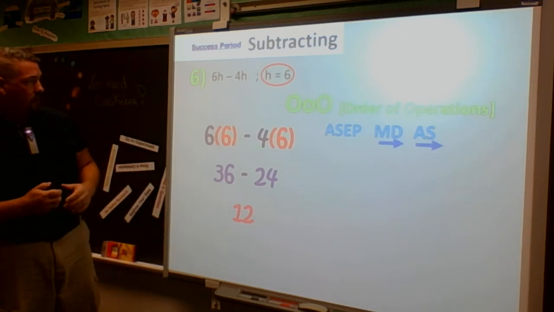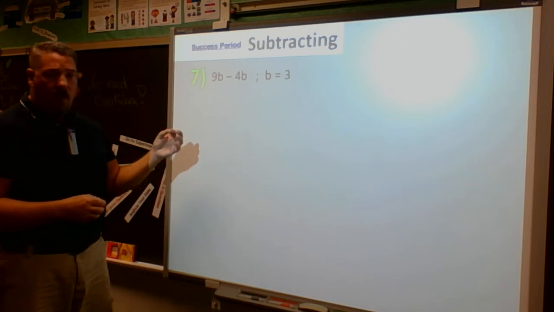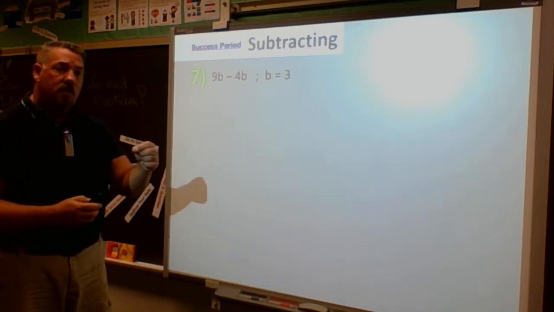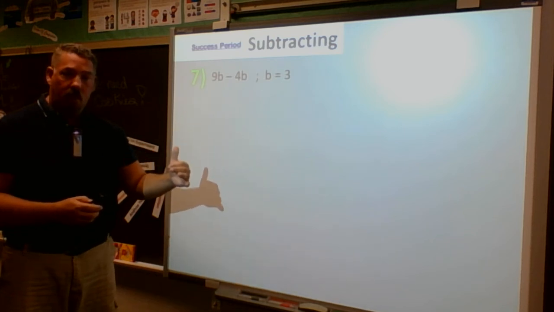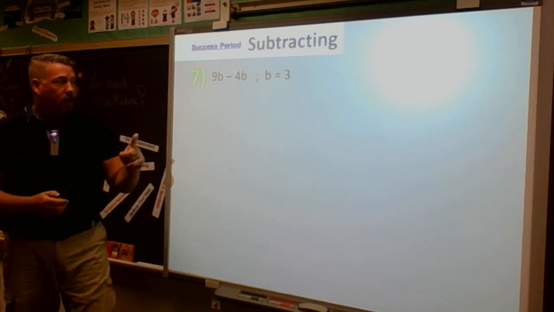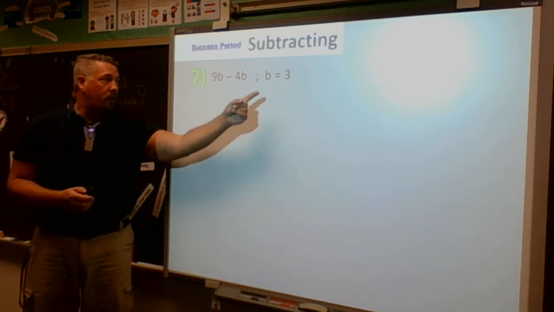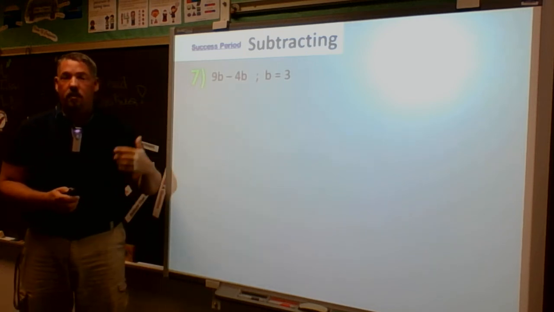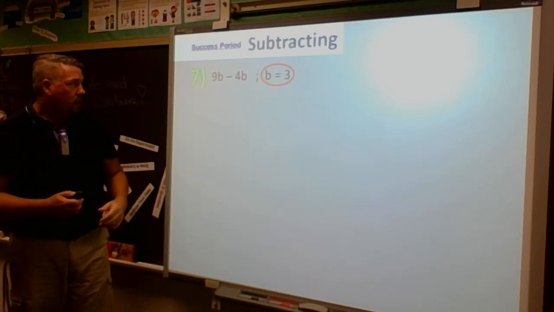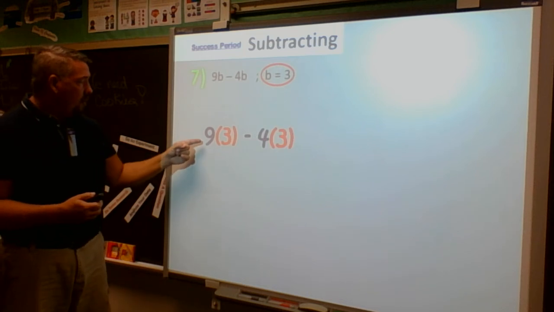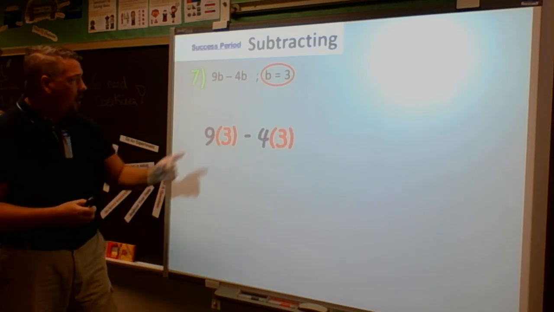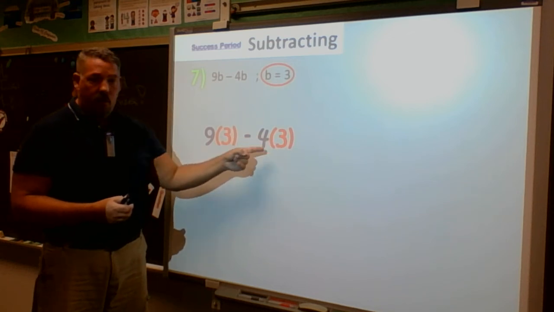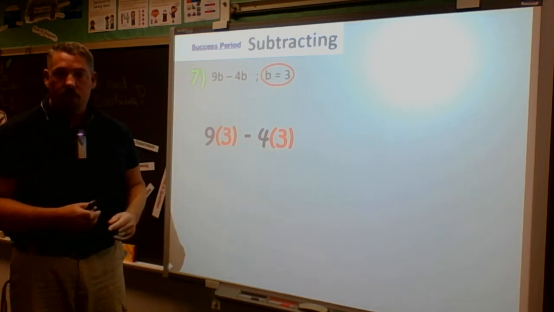All right, so number 7 gives us 9b minus 4b, where b is equal to a 3. Have to substitute them in. So my first step of showing work is writing the problem where there's a 3 in place of my b's. That's what we're substituting. So where my 3 is, I'm going to have a 9 times my 3. That's what the parenthesis says. And I know I'm going to have a 4 times a 3 because that's what those parentheses say.